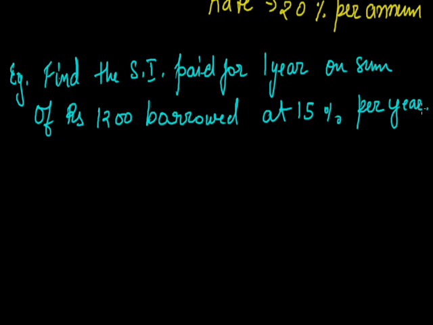Now first let us understand the question. You have borrowed rupees 1200, and that too for 1 year, and the rate of interest that you have to pay is 15%. Now we should understand first what the rate of interest means.